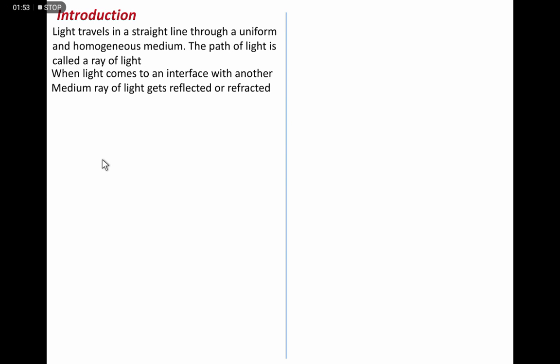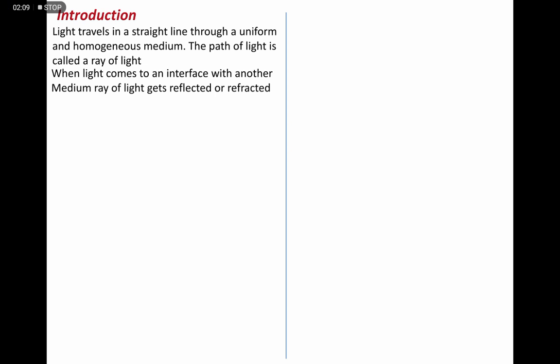Reflection of light and refraction of light are properties of light waves. These we briefly studied in 11th science.